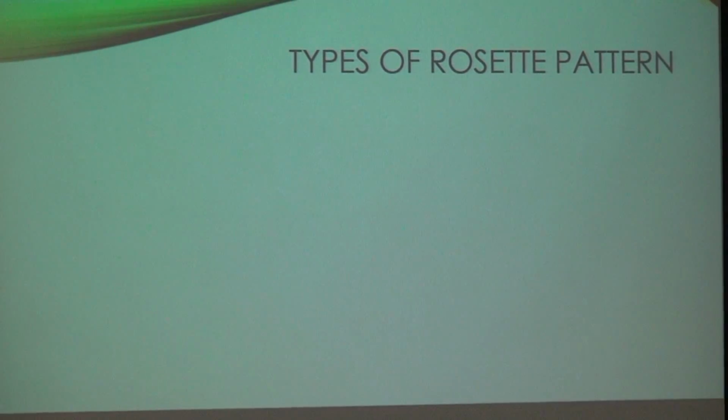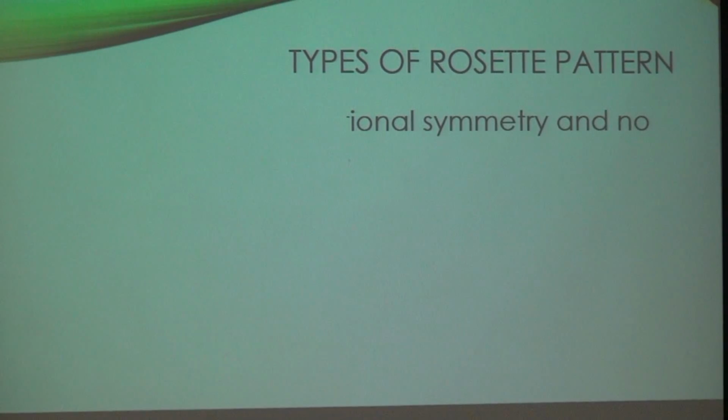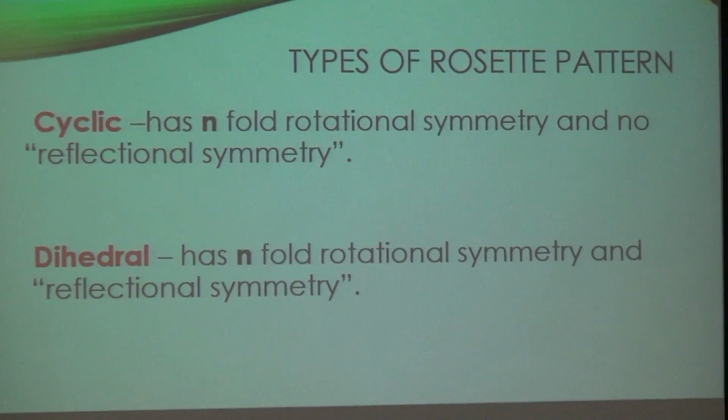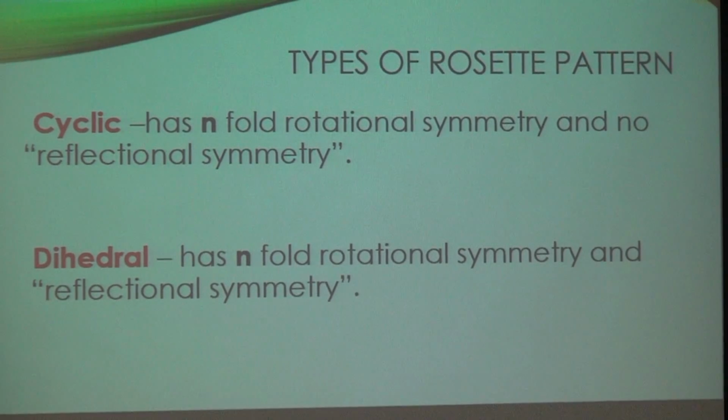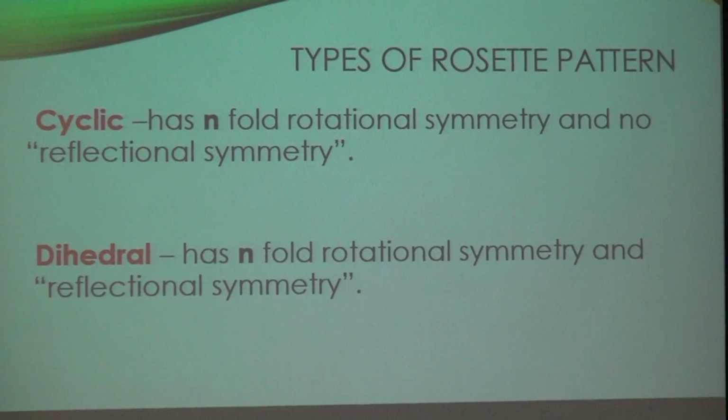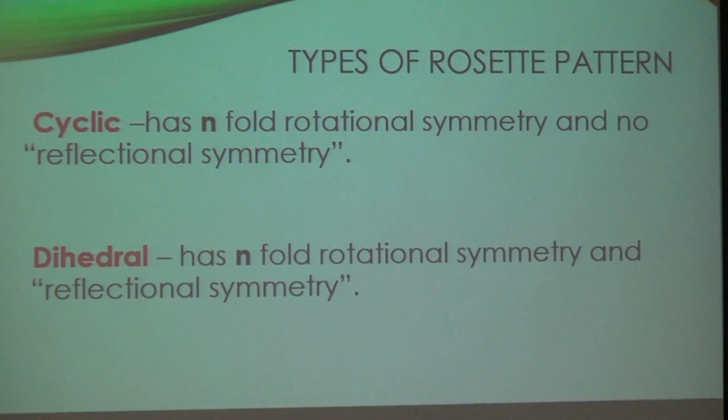But of course, we define them in some form, these forms. You might recall what a cyclic group of order n and a dihedral group of order 2n, Pn, are. For cyclic groups, we say the rosette pattern is a cyclic rosette pattern if it just contains n rotational symmetries.